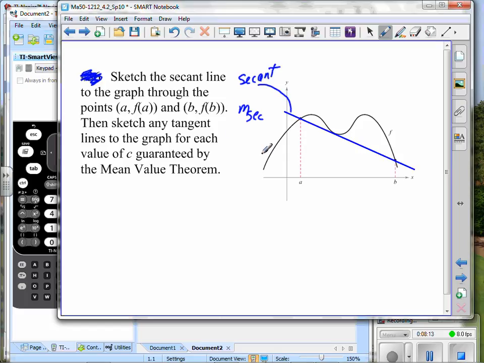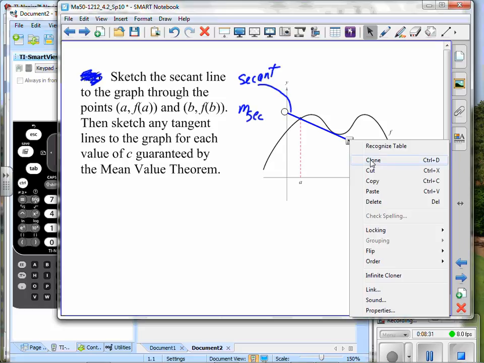Now the question is, is there any place on this curve where the tangent would have the same slope as that secant line? That's what we're looking for. So let's see here.